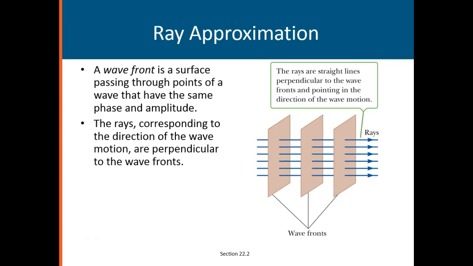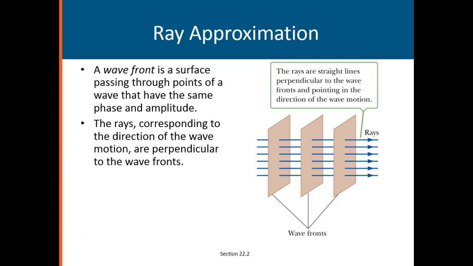All right, here's how it goes. A wavefront is a surface passing through points of a wave that have the same phase and amplitude. Okay? Y'all remember back in the very first chapter we did this term, we talked about phase, we talked about amplitudes. Remember that? The first lab was a paper lab.